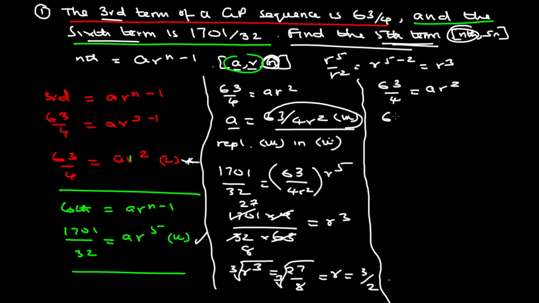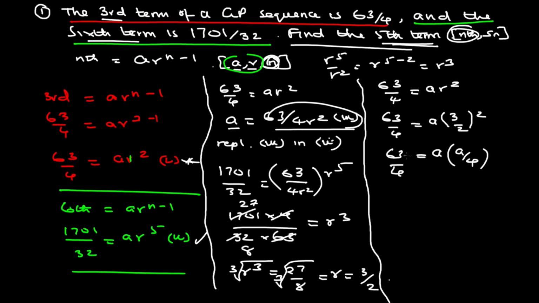Then I'll say 63 over 4 equal to A, then I've got my R, which is 3 over 2 squared. So my 63 over 4 is going to be A times 9 over 4.